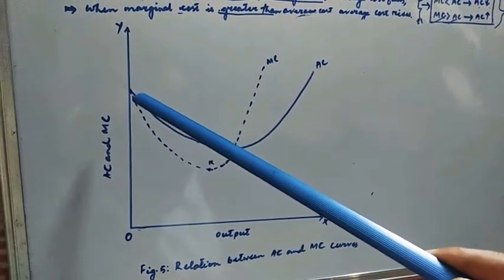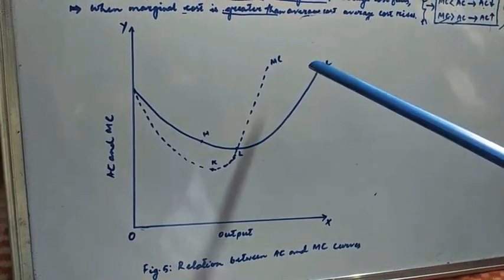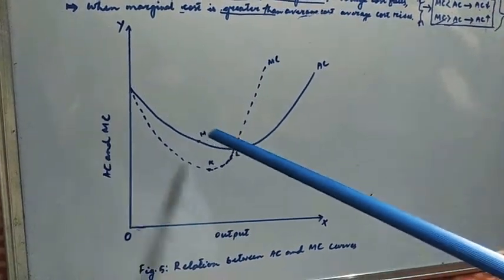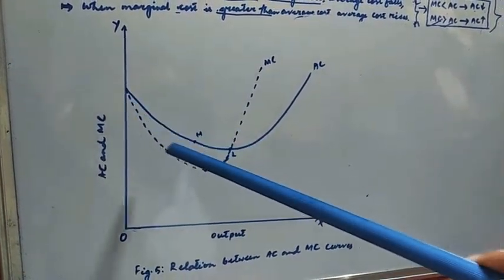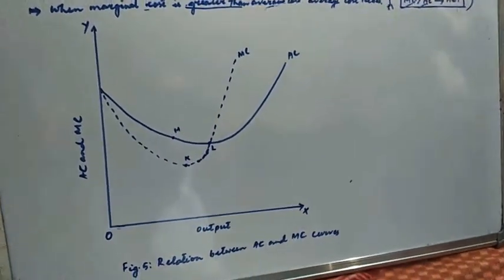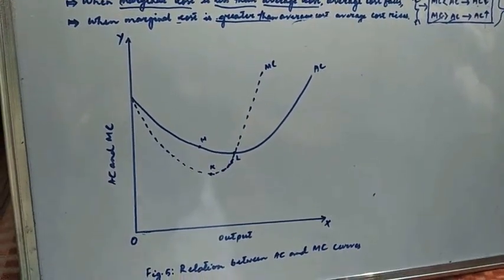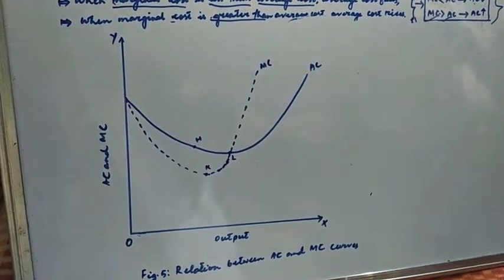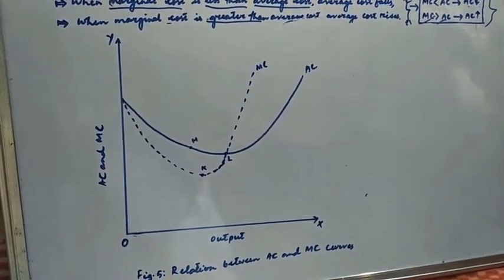And here this is the average cost and the dotted line is the marginal cost. So let us analyze this diagram looking at the relation that exists between these two cost curves.